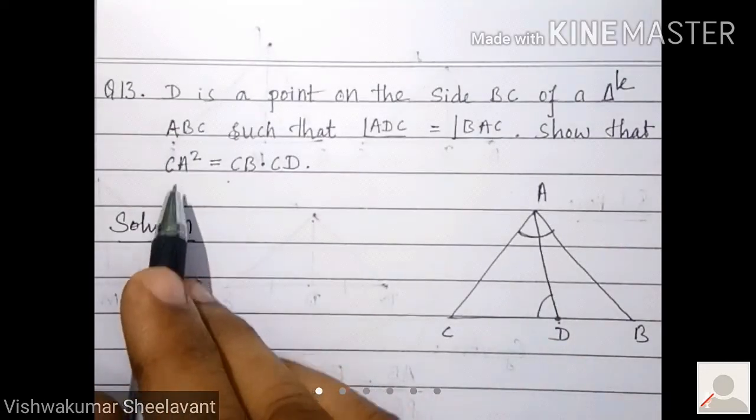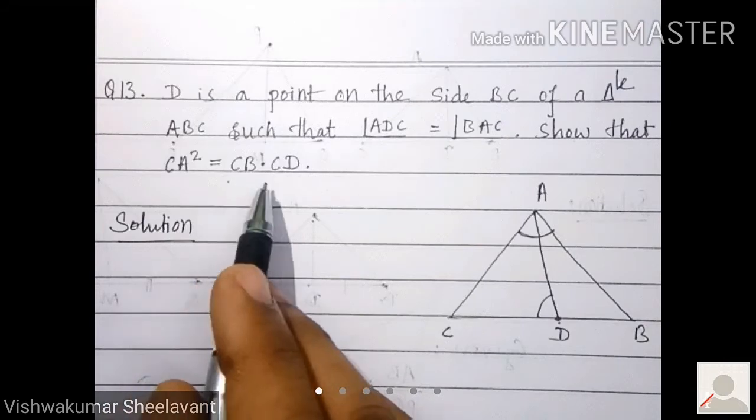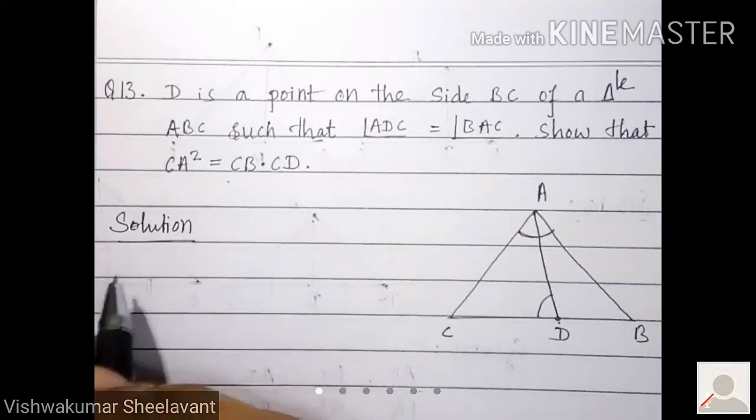We have to prove CA square equal to CB into CD. Okay.